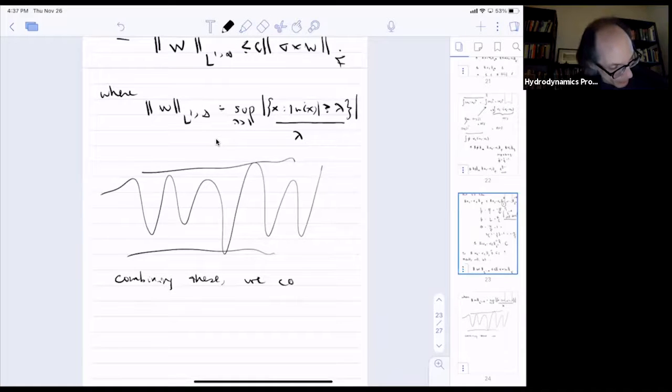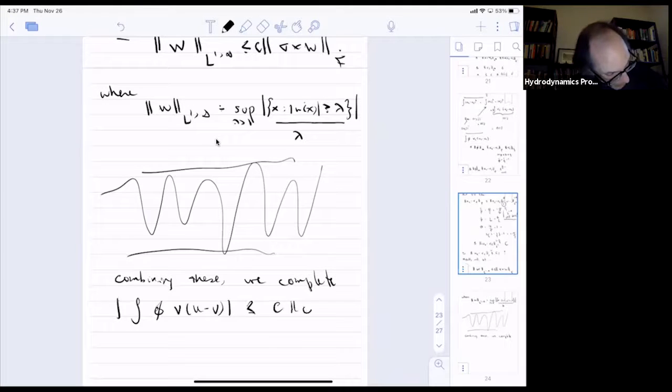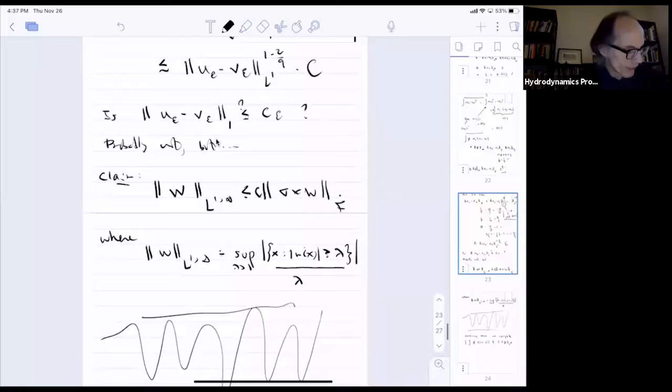We complete the proof. Okay, and why is this true? Why is the claim true?